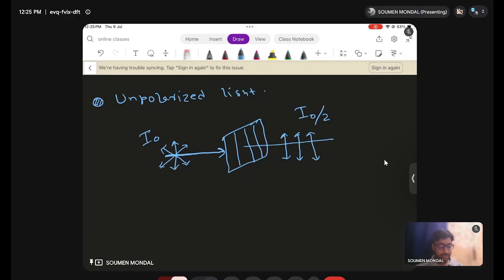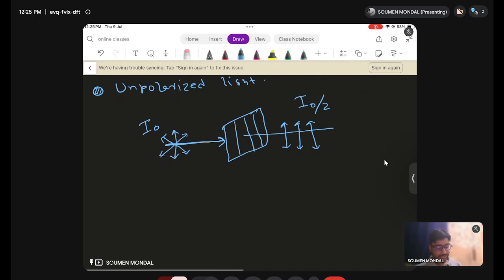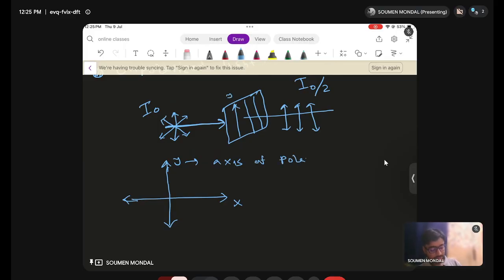I am not going into the derivation of this, but simply during explanation you can think of it this way. This is the polarization axis, this y axis, the axis of polarization.